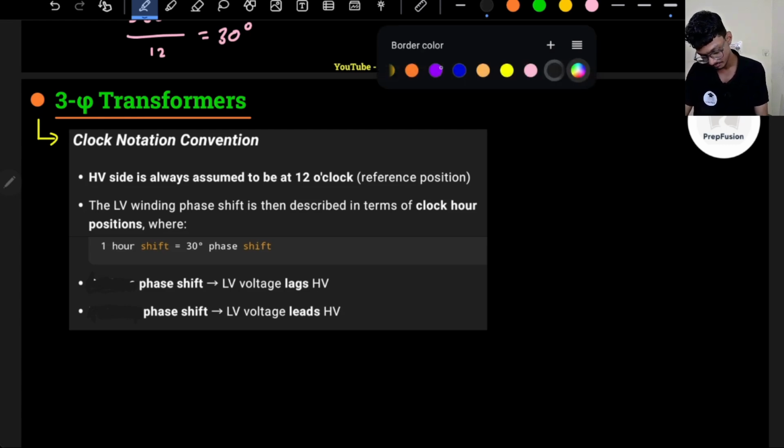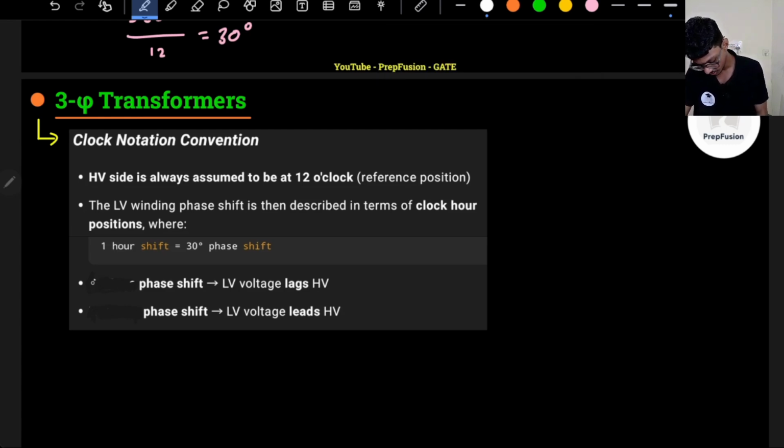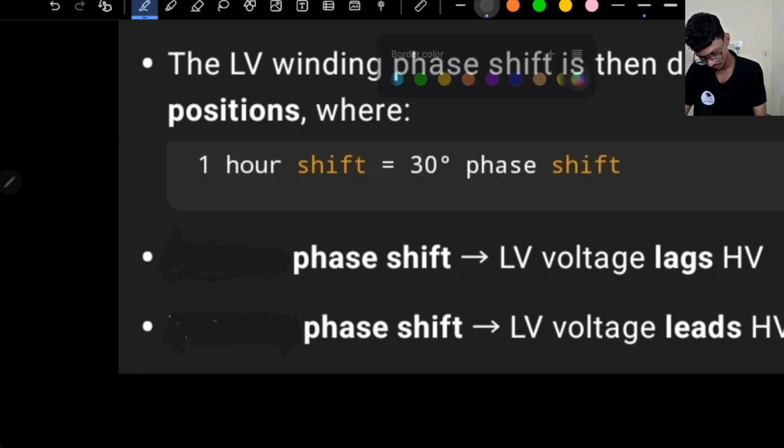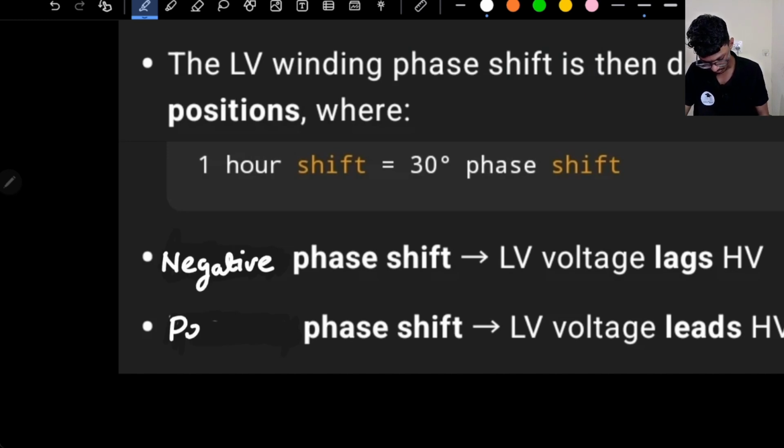So here there was a bit of a mistake on my behalf. So this will be negative, negative is here, and this is positive.